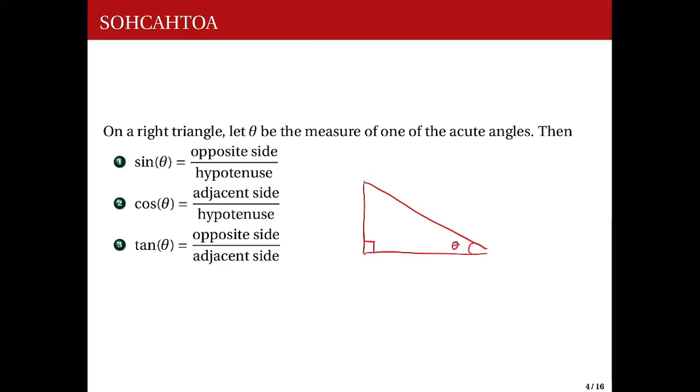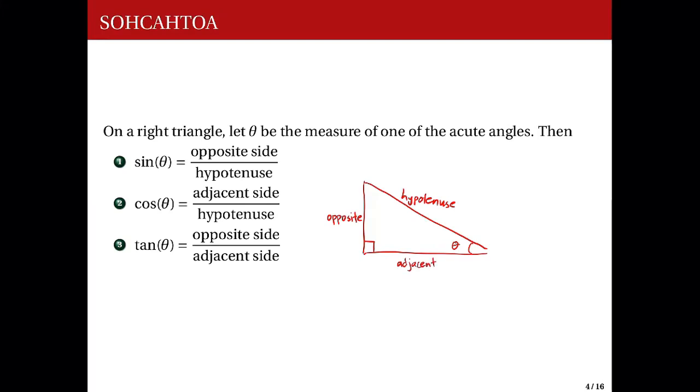Then this side, opposite of your angle theta, is your opposite. The longest side of your right triangle is your hypotenuse. And the other side here is called the adjacent.